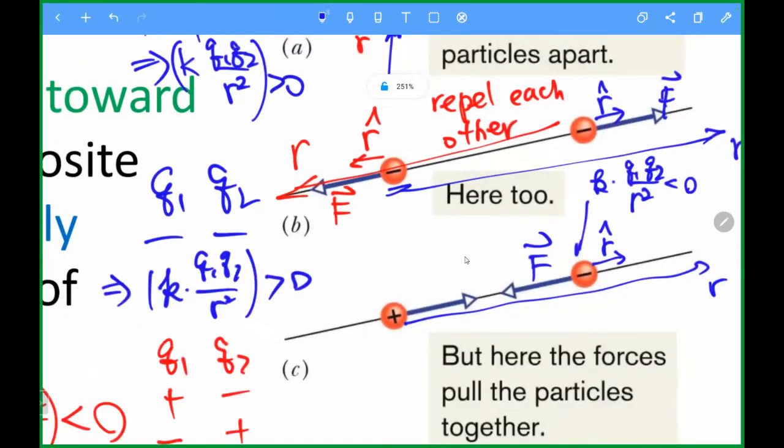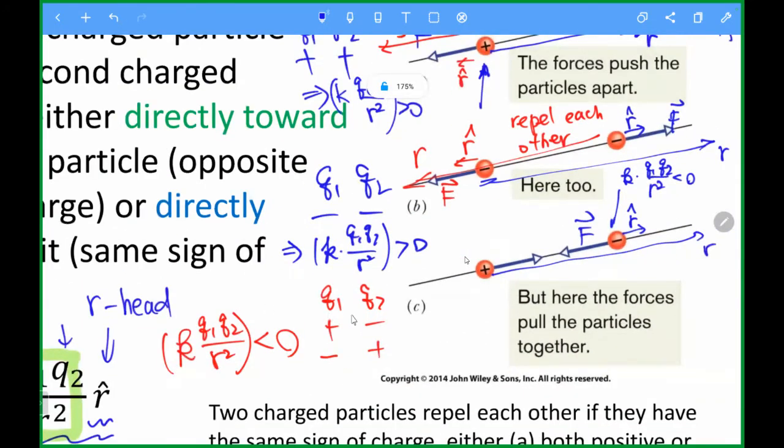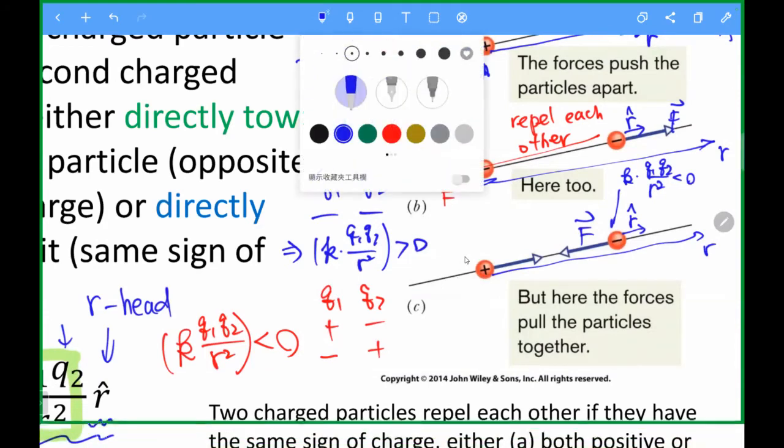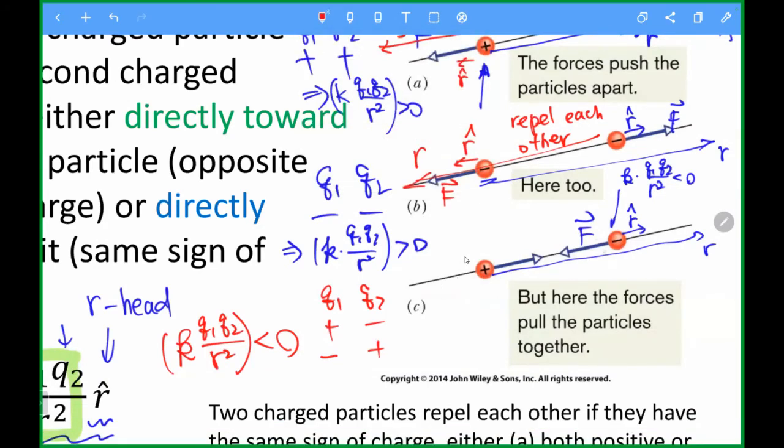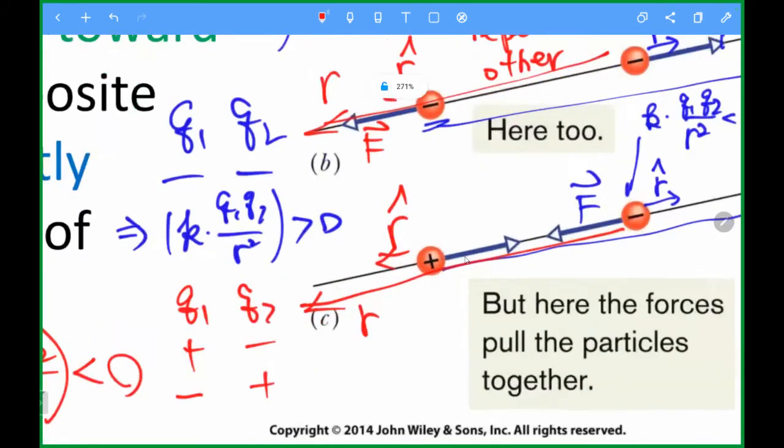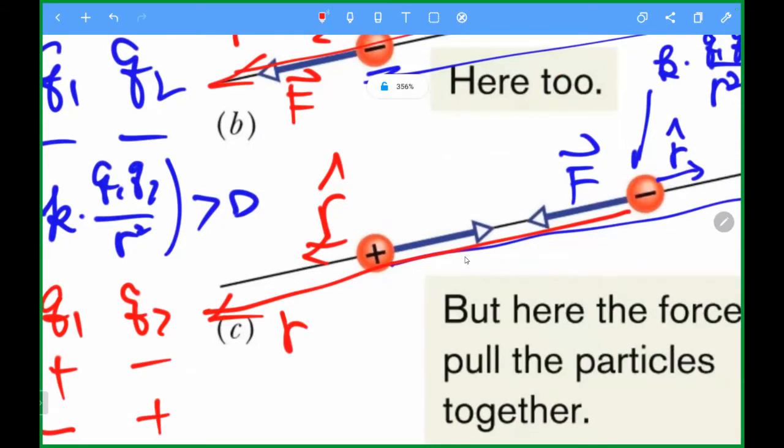And similarly, when we consider the force from the right charge acting on the left charge, the r axis points to the left side, and r hat points to the left side also. So in that case, F points to the opposite direction to the r hat.